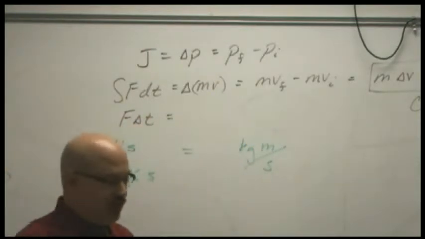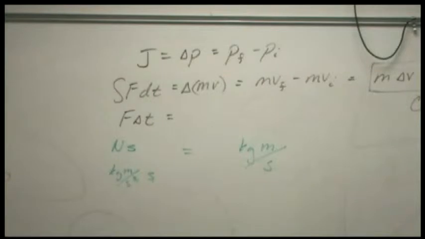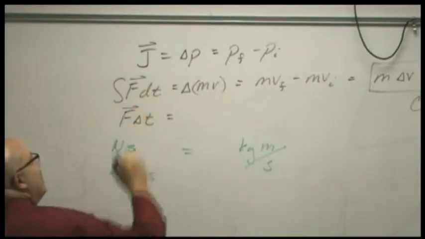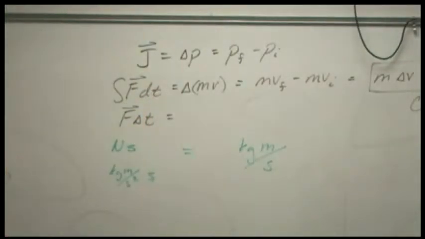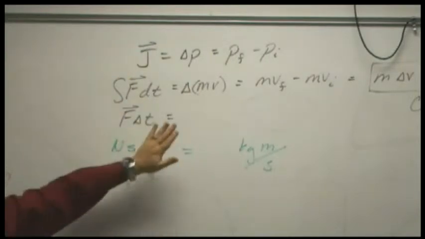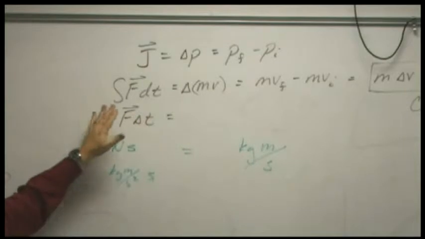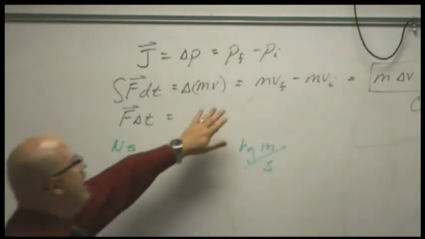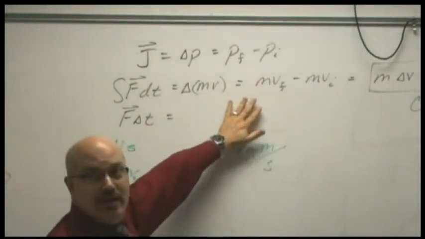It makes no difference. These are vectors, so please be aware we have vectors going on here. So this is a vector, this is a vector, this is a vector. The impulse is in what direction? The direction of whatever the force is, because time is a scalar, and a scalar times a vector just scales the vector up or down but maintains the same direction. Now over here, this is a little more tricky.